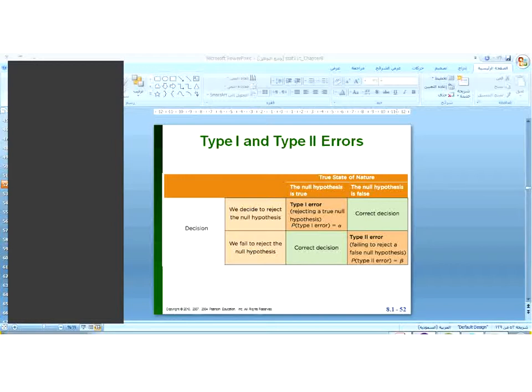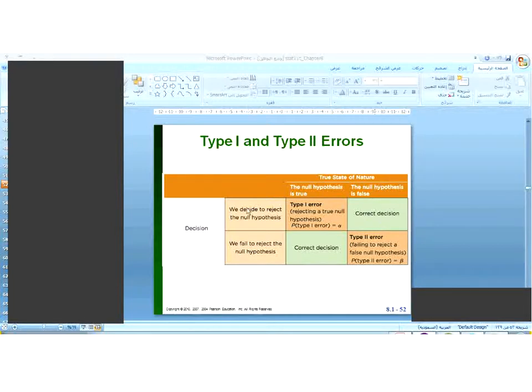What do you think? Is it a good decision or a bad decision? Yeah, it's false. So this is type 1 error. We're rejecting a true null hypothesis.